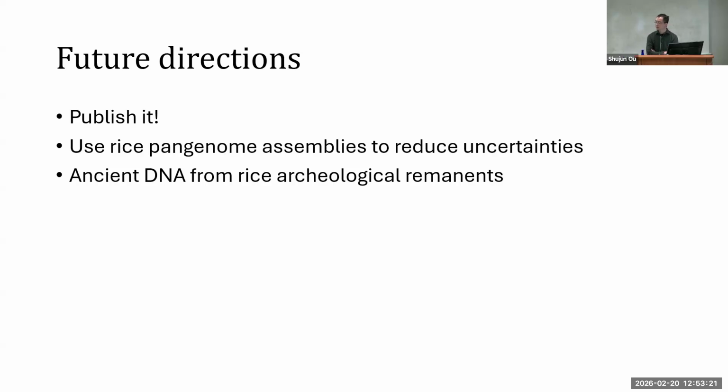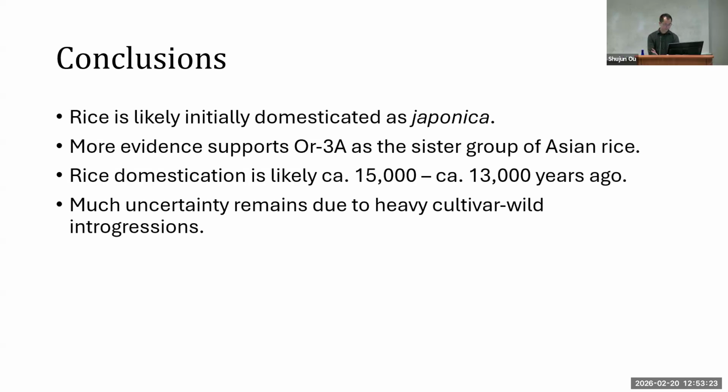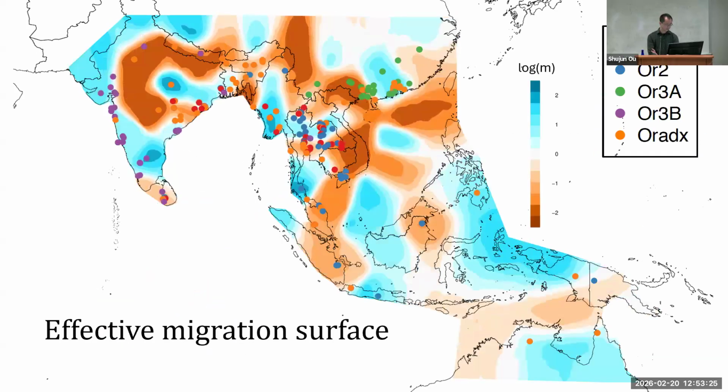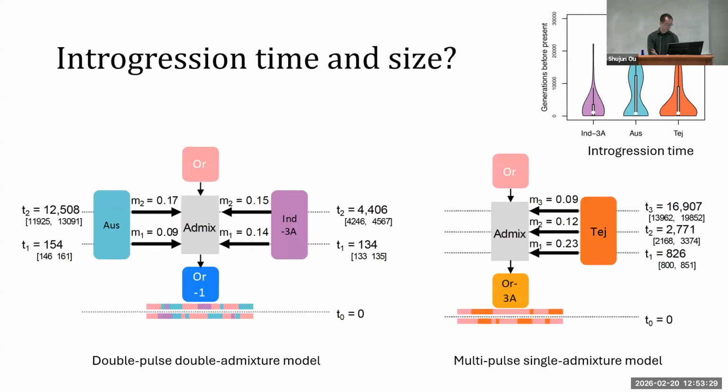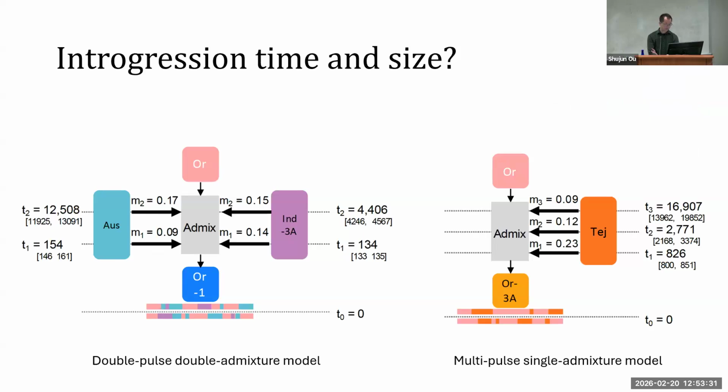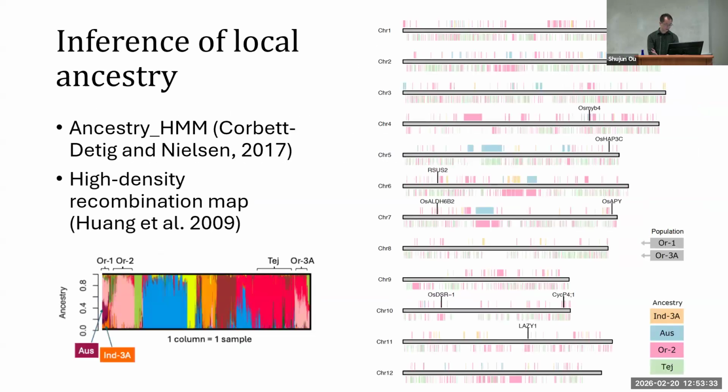Can you go back to your mixture analysis plot or map of chromosomes, the one that actually showed the chromosomes? That's it. So they only have 12 chromosomes, is that true? Yes. Okay.